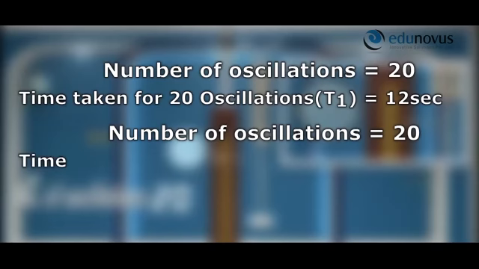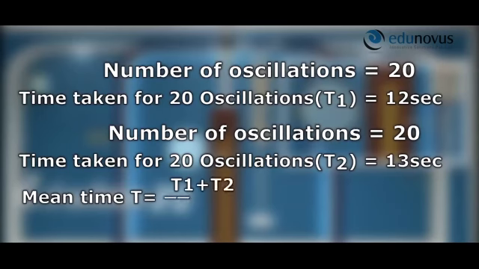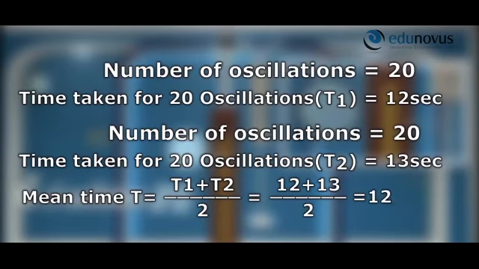Therefore, the time taken for 20 oscillations is 13 seconds. Note it down as T2 in the observation table. Now, we take the mean of T1 and T2 as the time for 20 oscillations. Therefore, T is equal to (12 plus 13) by 2, which is 12.5 seconds.